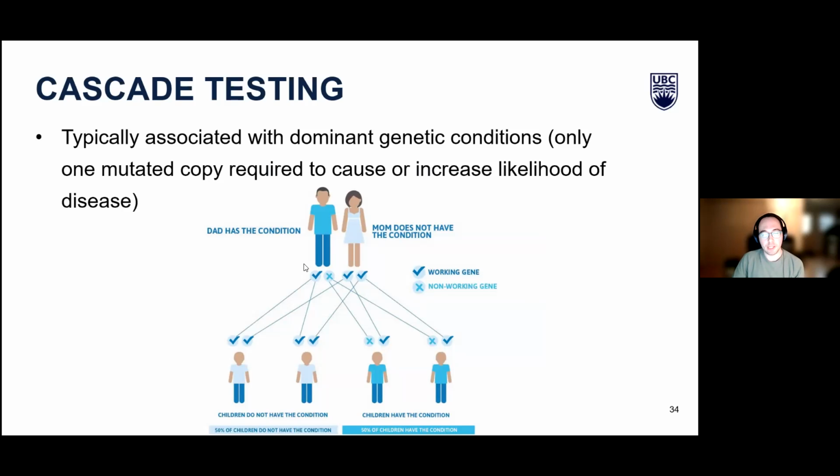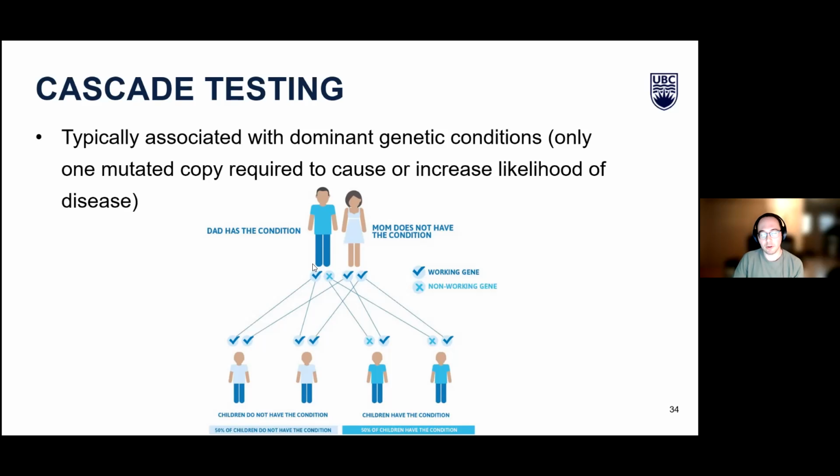So this picture here just gives a bit of an illustration of what the inheritance of a dominant genetic condition could look like. So in this example, they're saying that the father has the genetic condition, so one of their copies of the gene is mutated, whereas the mother doesn't have any mutated copies, so she doesn't have the genetic condition.